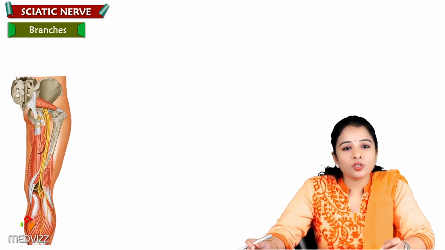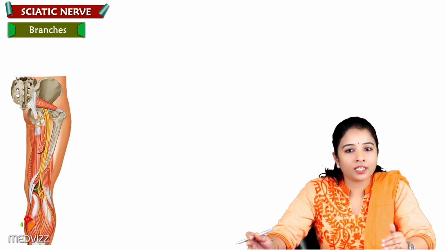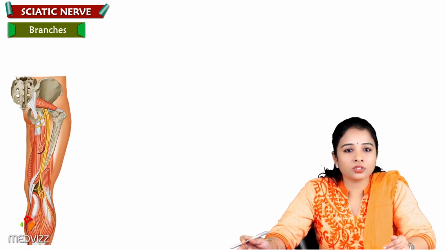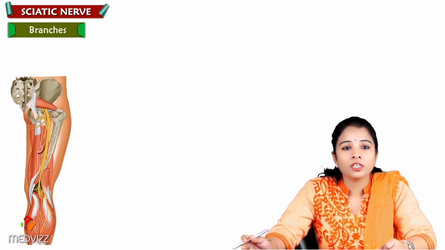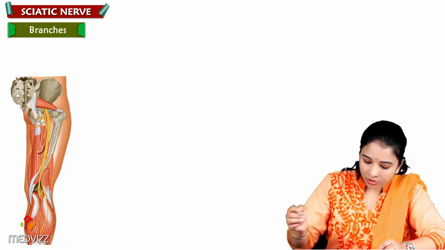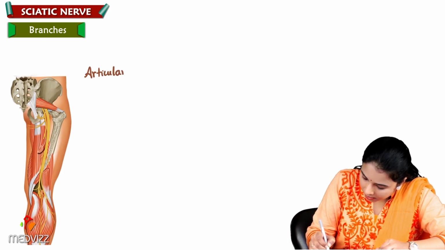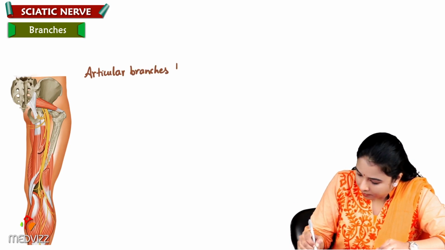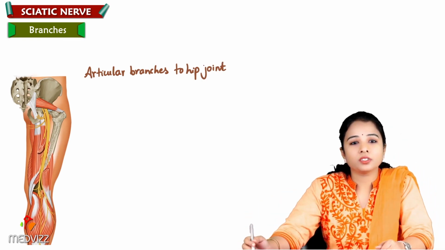Let's see the branches of the sciatic nerve. The sciatic nerve, as it is crossing the hip joint as well as the knee joint, gives rise to a few articular branches. So in the gluteal region, it gives rise to articular branches to the hip joint, right here. Articular branches to the hip.